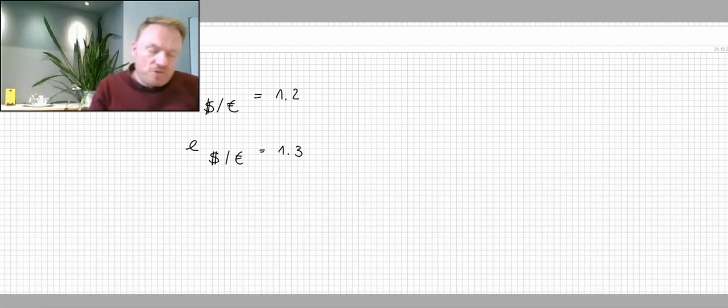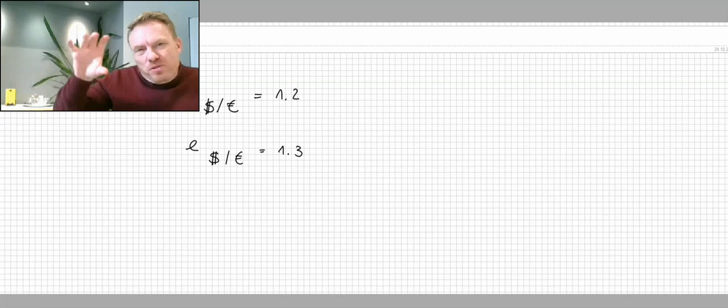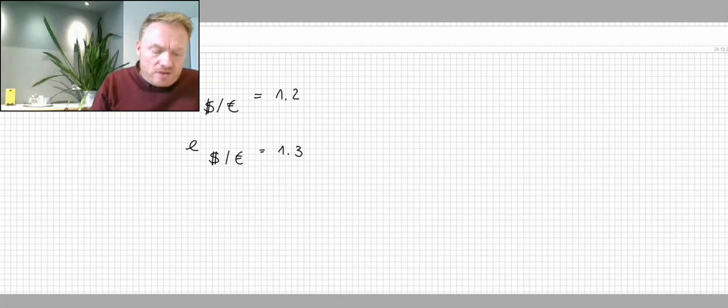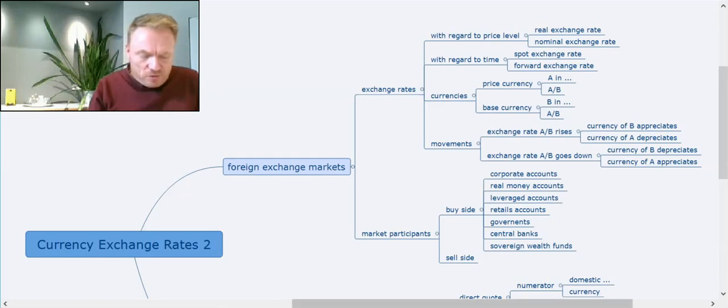If we see it as a fraction, the numerator tells us the price currency, whereas the denominator tells us the base currency.